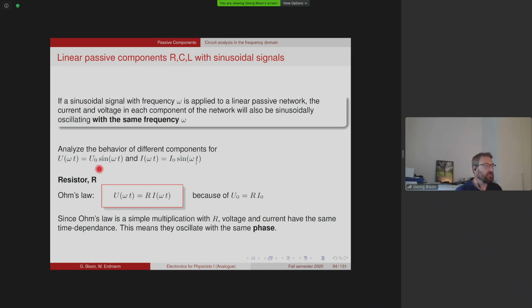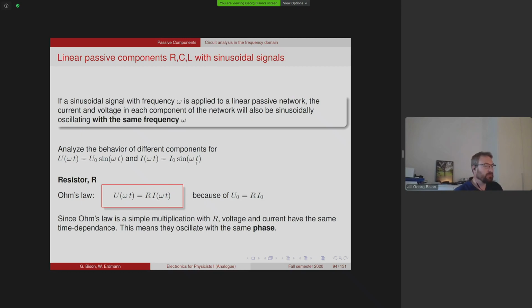Using these two definitions, we can write Ohm's law simply by applying it for each moment in time. And then, of course, what comes out is that the sinusoidal voltage is produced by the sinusoidal current. And so we can simply identify the voltage and the current in Ohm's law with these time-dependent voltage and current.